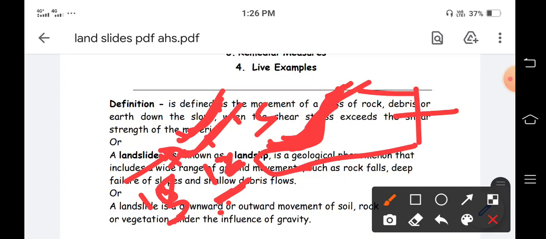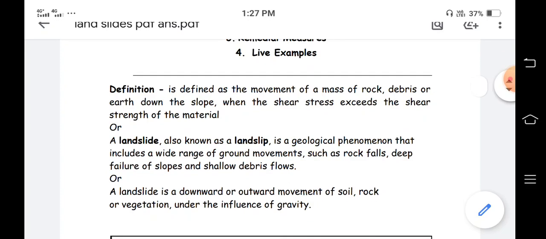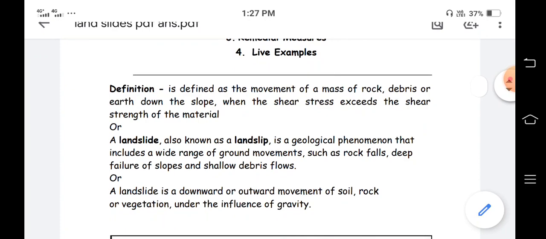The sliding that occurs is called a landslide, meaning the movement of a mass of rock. In a landslide, soil containing parts of soil, rocks, debris or earth moves down the slope due to shear stress exceeding the shear strength of the material.